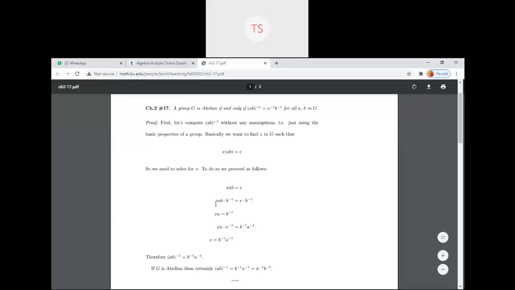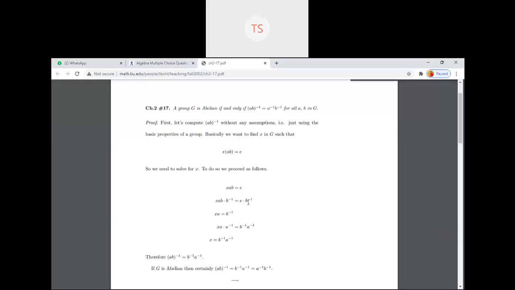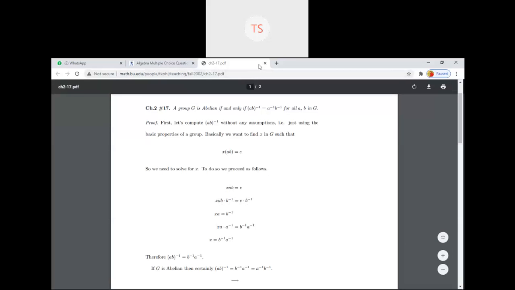Okay. Now X into AB, here on both sides I have multiplied B^-1. So here also X A B B^-1, so we have to multiply B^-1 on the right side also.